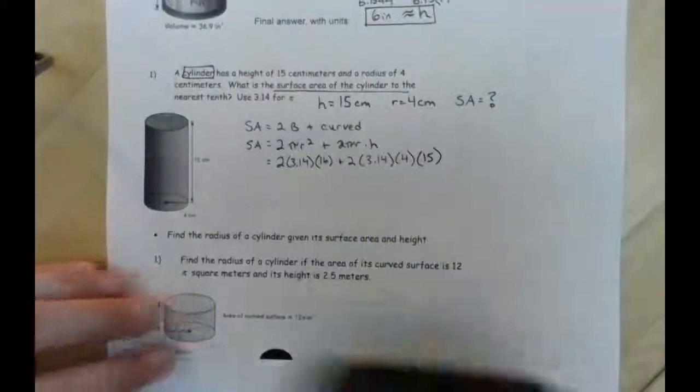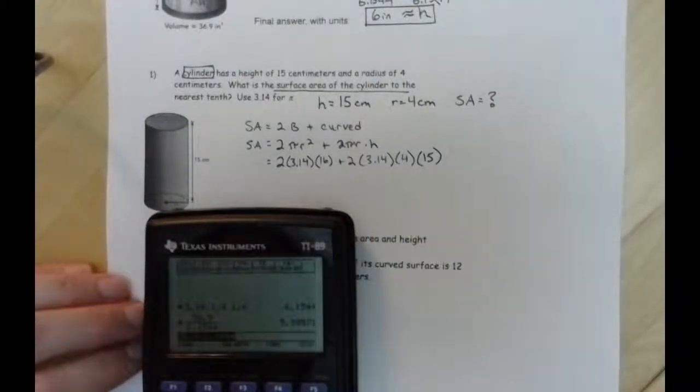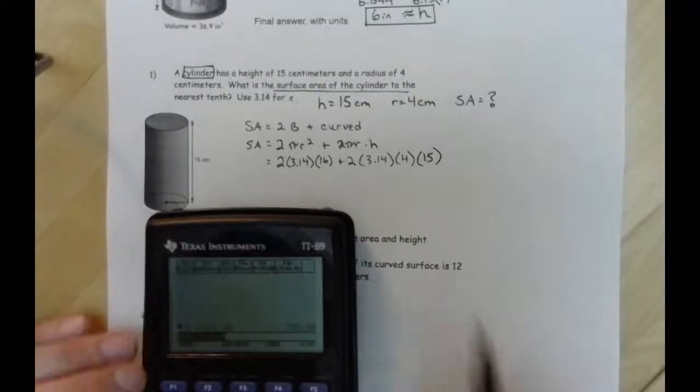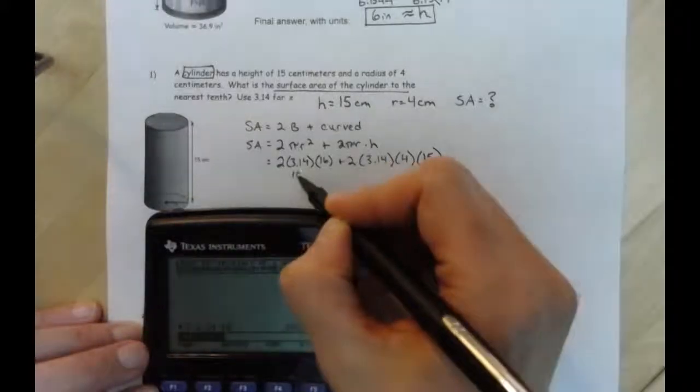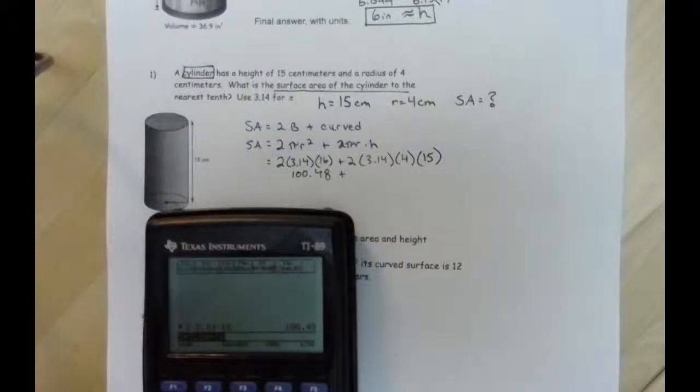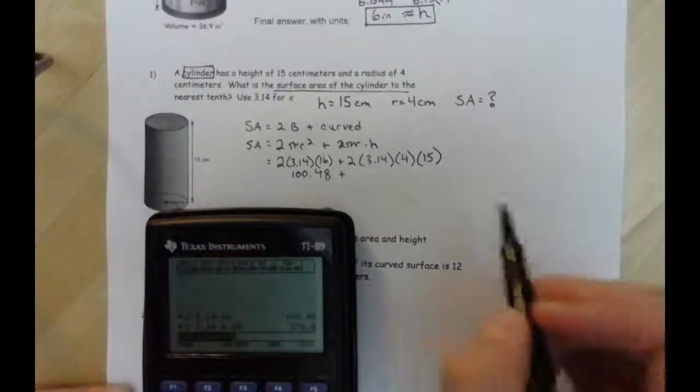So I'm going to go ahead and plug all of that into my calculator. 2 times 3.14 times 16, times 3.14 times 4 times 15.